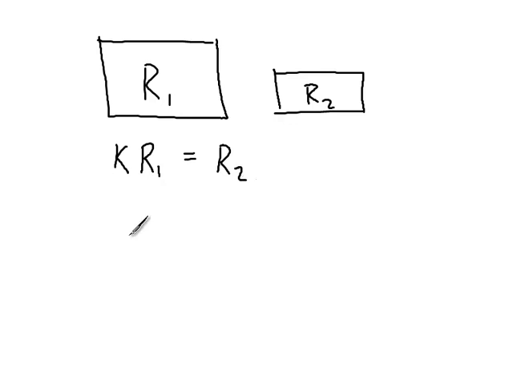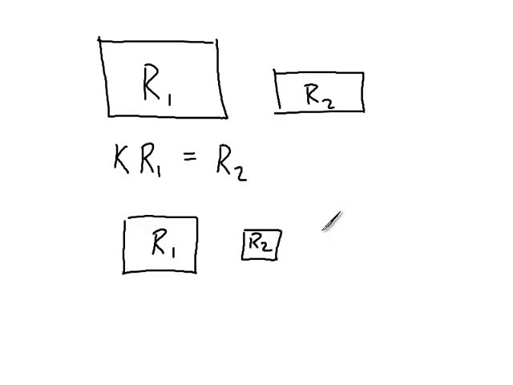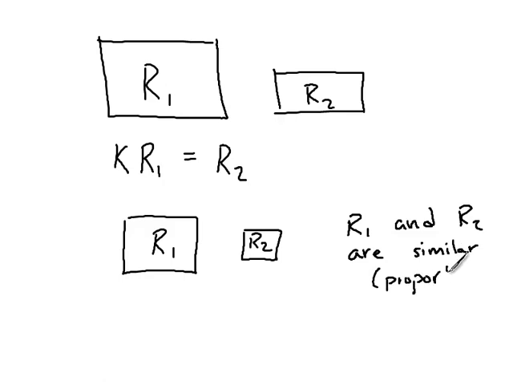So if we had a rectangle and another rectangle, and I said R1 and R2, and I said that R1 and R2 are similar, or this is proportional, and I said that this was 10, and this was, how about 5?